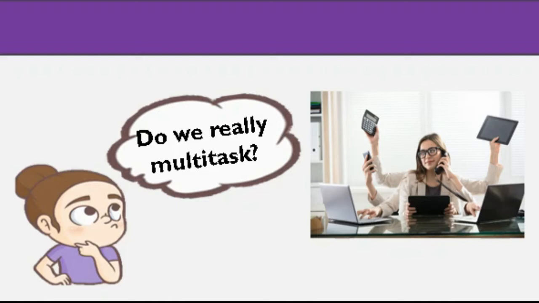Alright. In cognitive psychology, we don't have the word multitasking. Why is that? Because our brain shifts from one task to another. For example, there is an experiment that has been conducted. Say you are driving a car.